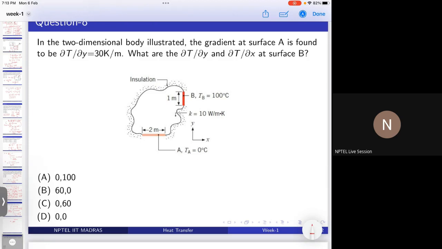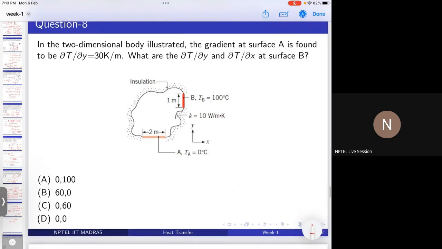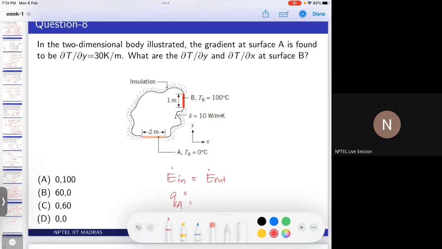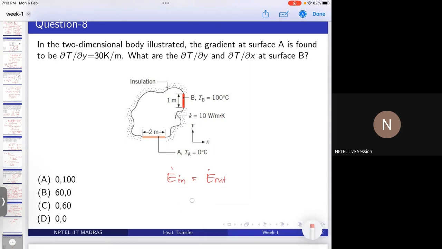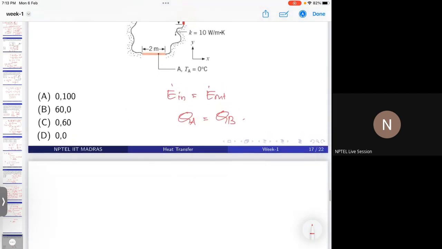Okay. So in this question, whatever heat is entering should be equal to the heat going out. The heat entering through surface A, that is QA, should be equal to QB. That is the basic point. So what is QA?